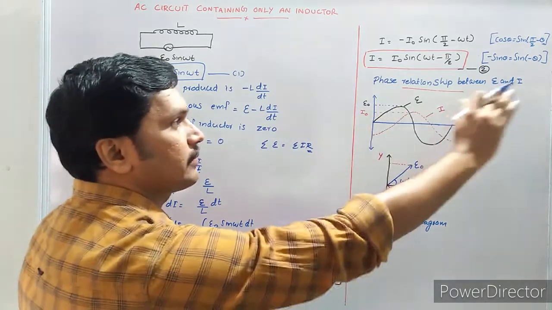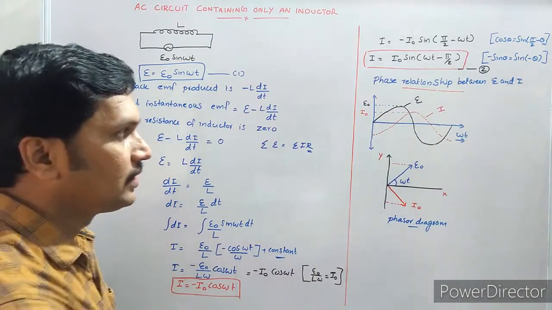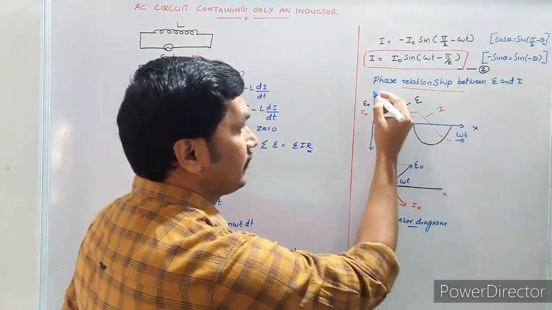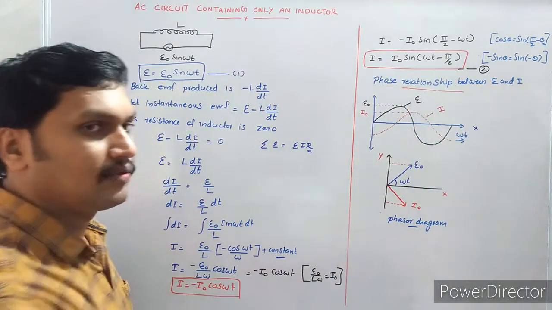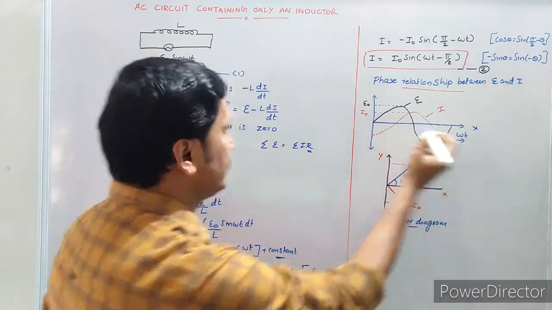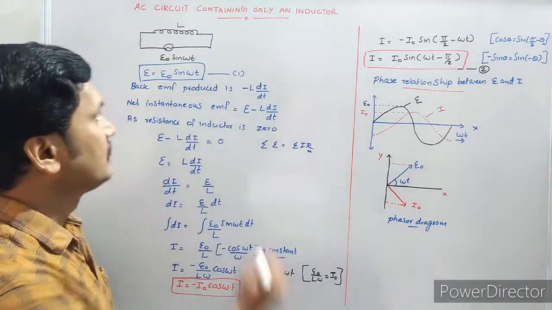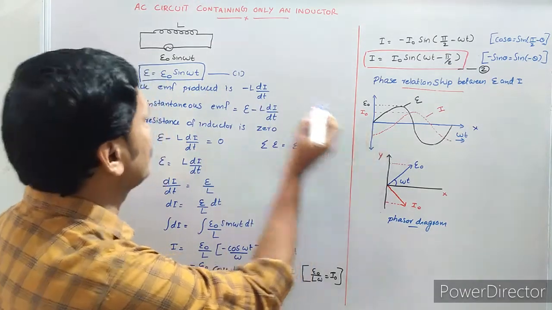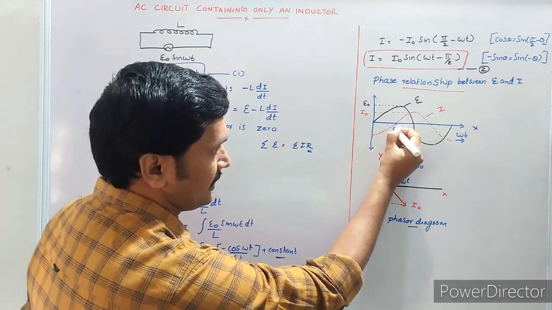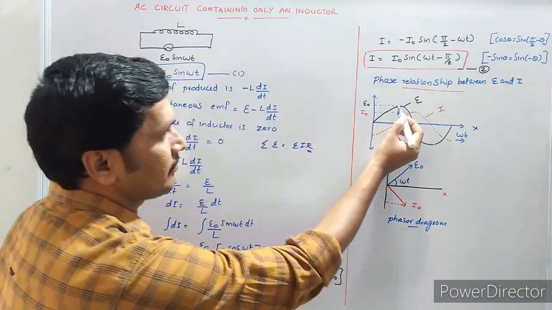So the phase relationship between voltage and current is drawn in this graph. Here omega t is taken on the x-axis and the voltage and the current are taken on the y-axis. First, plotting the graph for voltage: voltage is a sine function, E equal to E0 sine omega t. When omega t is equal to 0, voltage is equal to 0. When omega t is 90 degree, pi by 2 radian, the voltage is maximum.